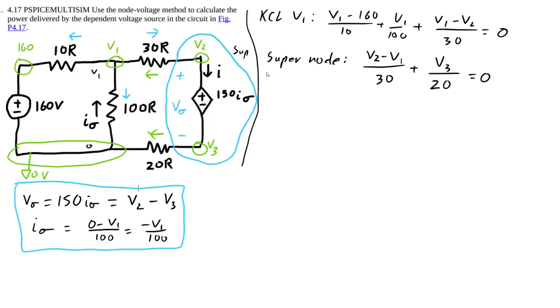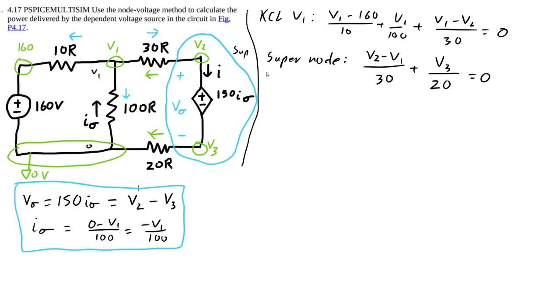Now, how does that make anything easier? Well, it comes back to the equations that we derived earlier. We can figure out an expression for V3 in terms of V1 and V2 with a little bit of algebra. So I'm going to take this supernode equation and I'm going to simplify it.